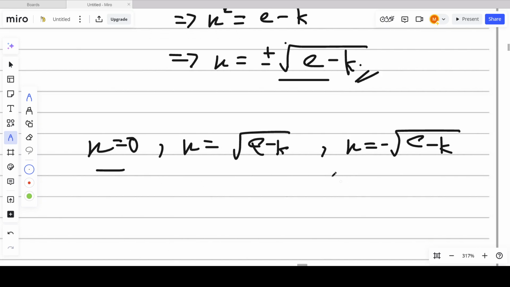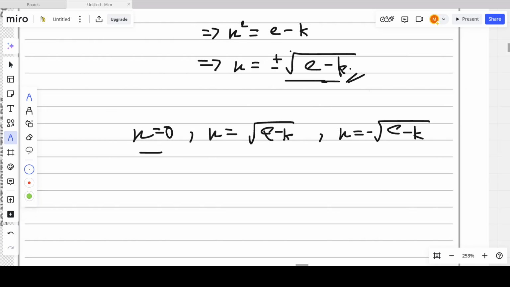Now, if you see the x coordinates of the 2 points, plus minus square root of e minus k, before the k there is a negative, and it is within a square root. We know that within a square root there can't be a negative value, because the square root of a negative number is undefined.